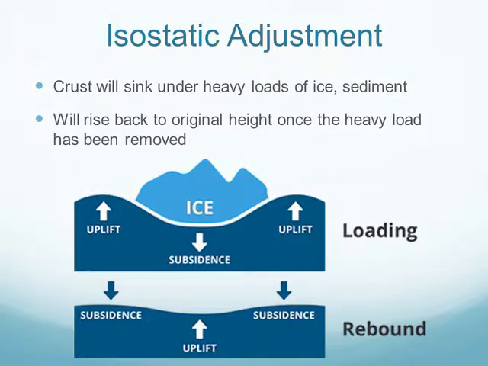But then you can have isostatic adjustment, and that's where the crust will sink under large heavy loads of ice or sediment. And once that sediment or ice is removed, then you have what's known as a rebound, and that crust will then rise back to its original height before the heavy load was put on top of it. And so that's typically what you'll see happening when glaciers melt.